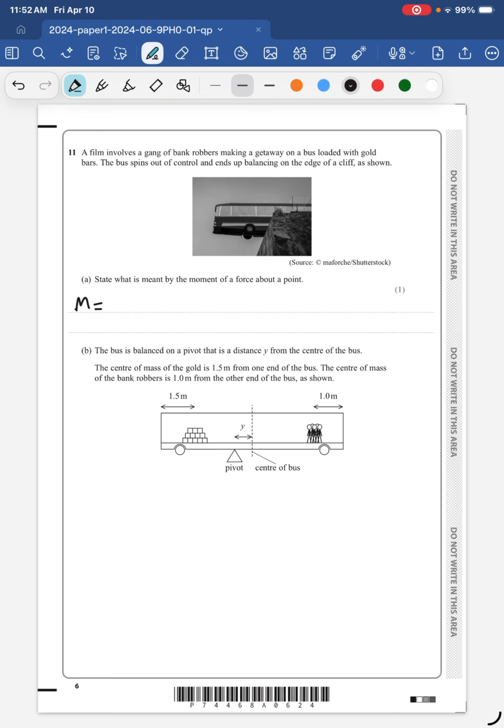So the moment is equal to the perpendicular component of a force, right, times the distance to the pivot point. Okay, so that's the moment of a force.